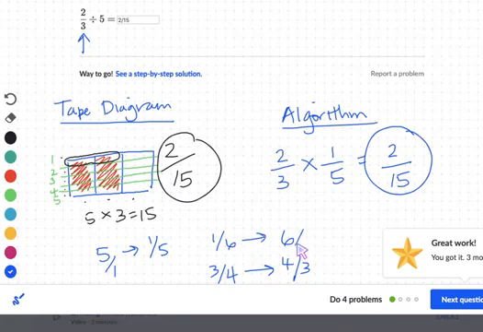The 6 was on the bottom, now it goes on top. Okay? So that's dividing fractions by whole numbers. Make sure that you're practicing both methods when you are solving these problems, because both methods are what you need to know for an assessment. Let me know if you have questions as you work on this, and if not, I will see you in class.